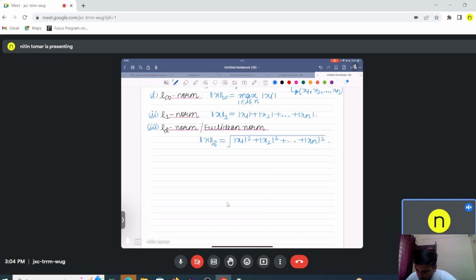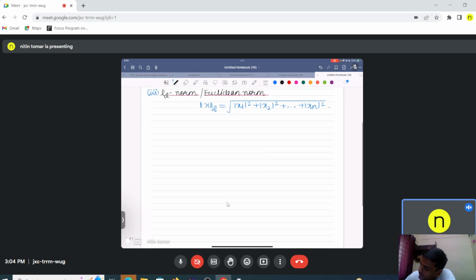We have proved many inequalities, so here we prove one more which we did not prove in the last class. So let it be a question. Prove that norm of x1 is less than or equal to root n times norm of x2.